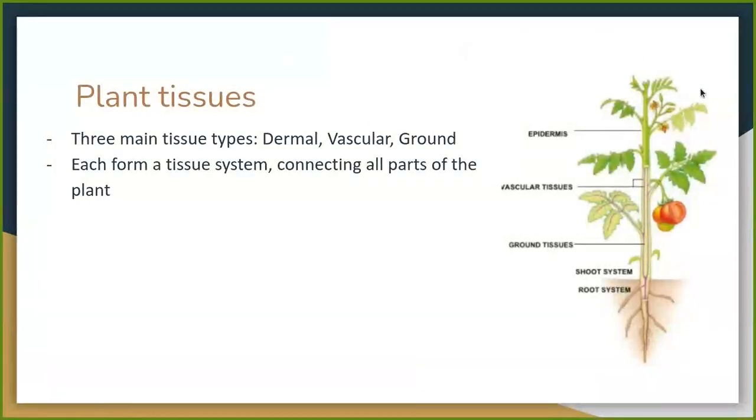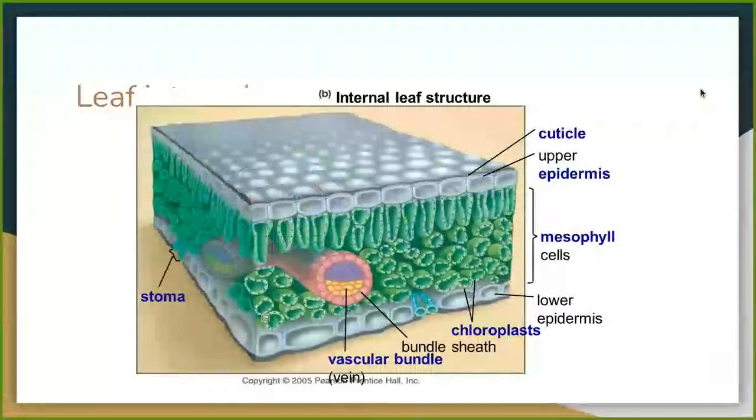Before that, actually, I want to maybe move to the leaf. So we'll come back to this slide later, but if you have read Campbell's or have taken some of the biology courses, we do go over leaf structure, right? So you can go over it again here.